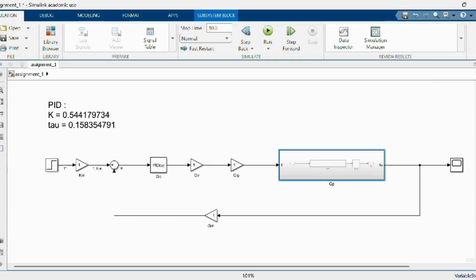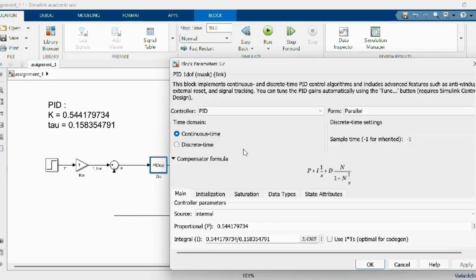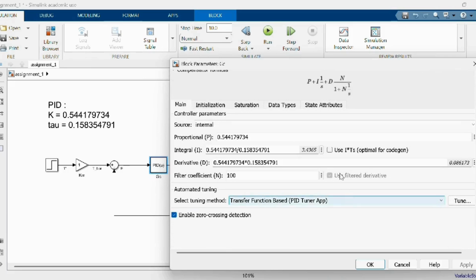Okay, so now I will insert the K and tau into our GC. Our P is equal to the value of K, and since we use auto tuning, we assume that the integral is K over tau, and the derivative is K multiplied by tau.